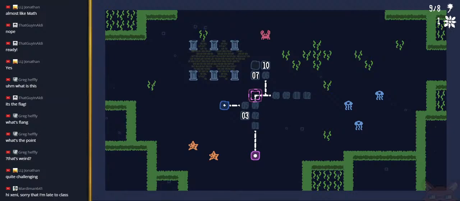And that is basically everything about solving puzzles. The basics at the very least.